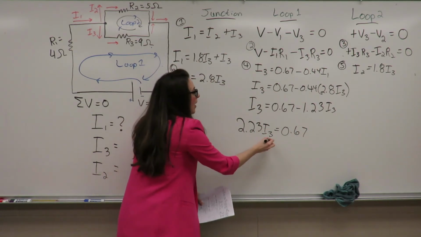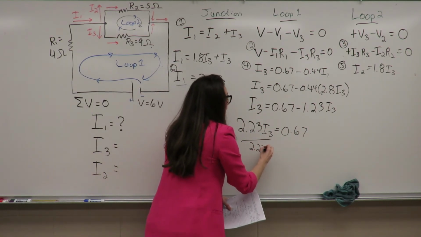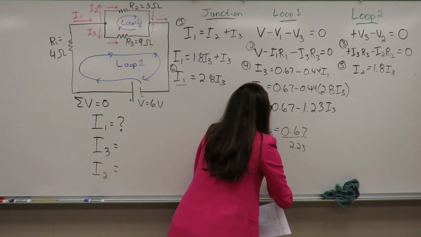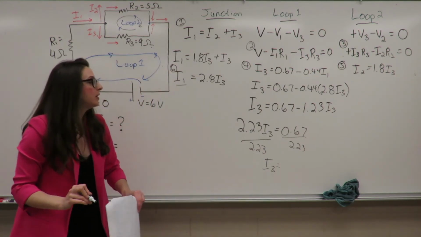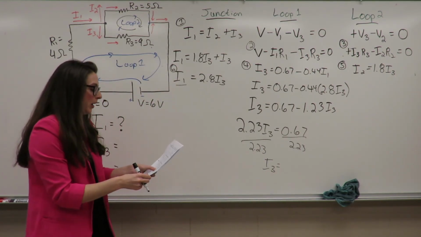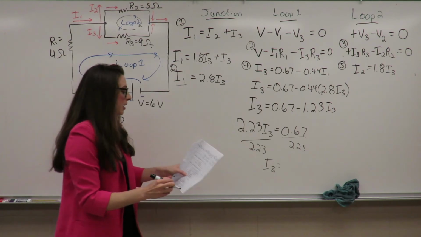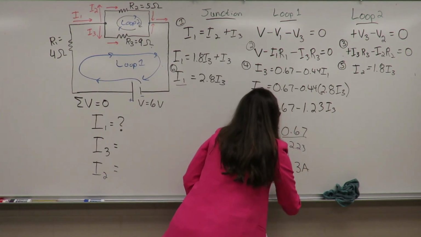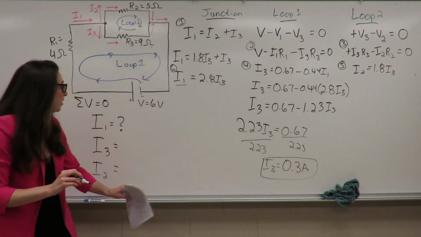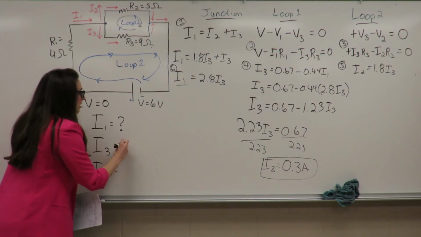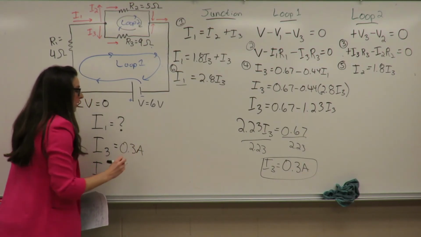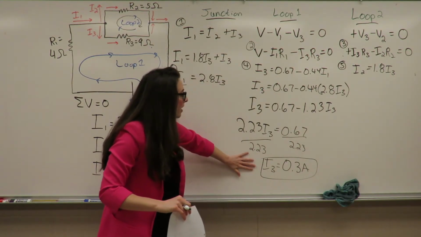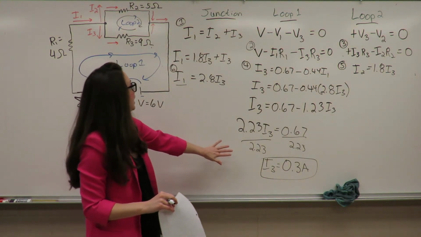Now I have to divide both sides by 2.23, and I get that I3 is equal to 0.67 divided by 2.23, which is 0.3 amperes. So finally, I got one of those values. I3 is 0.3 amperes.